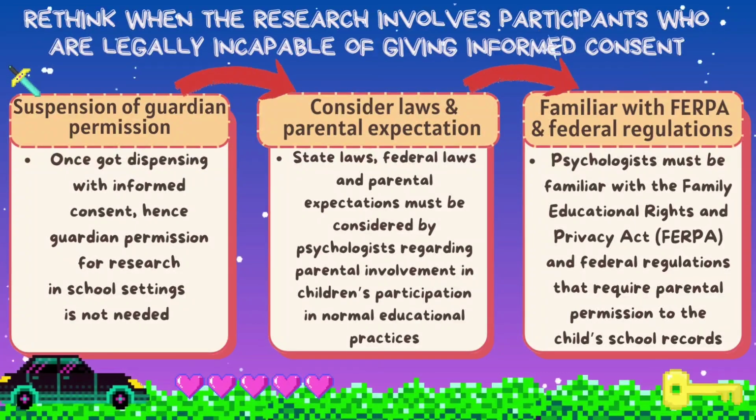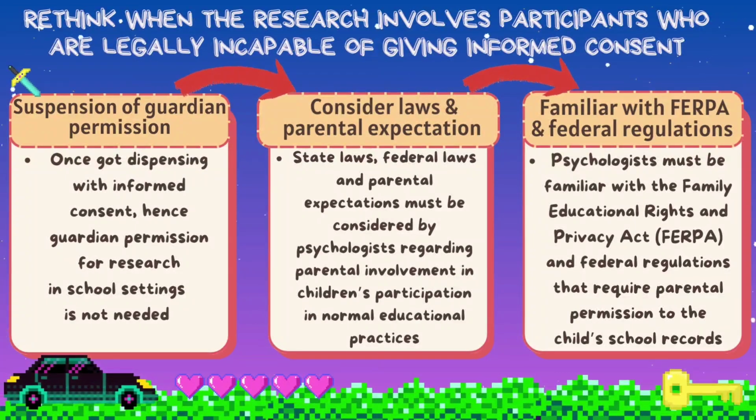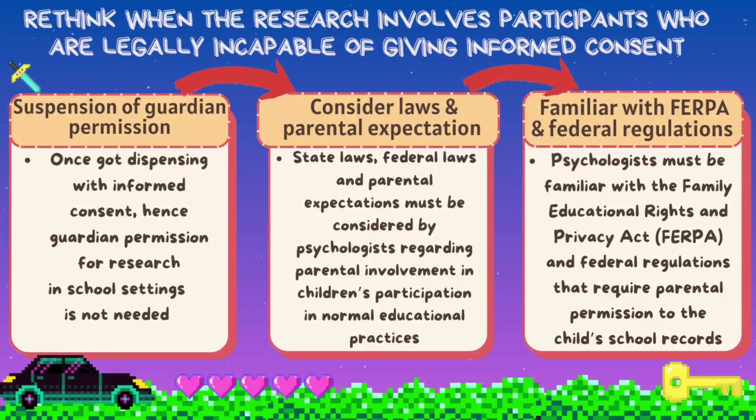The next way is to rethink when the research involves participants who are legally incapable of giving informed consent. Once dispensing with informed consent is granted, guardian permission for research in school settings is not needed.